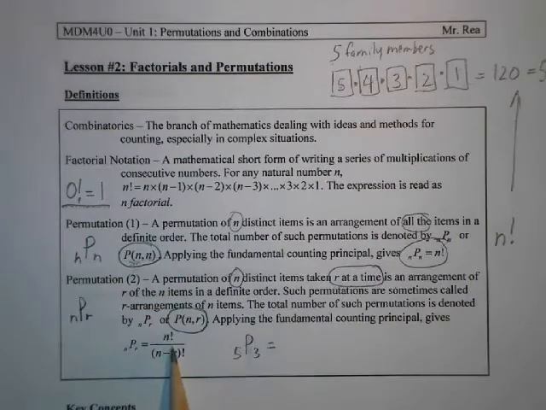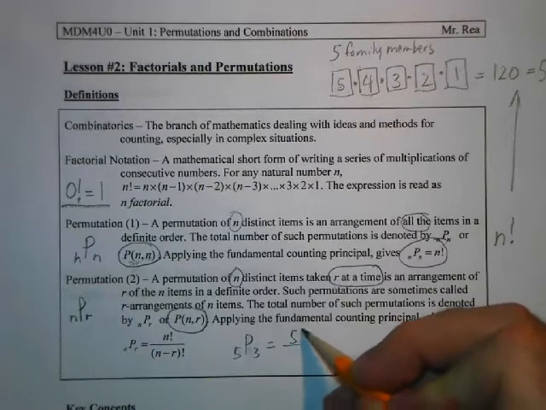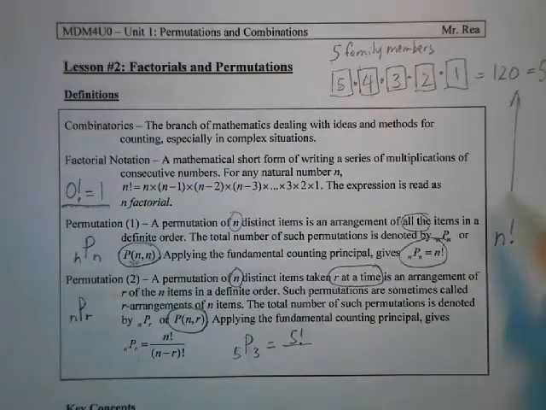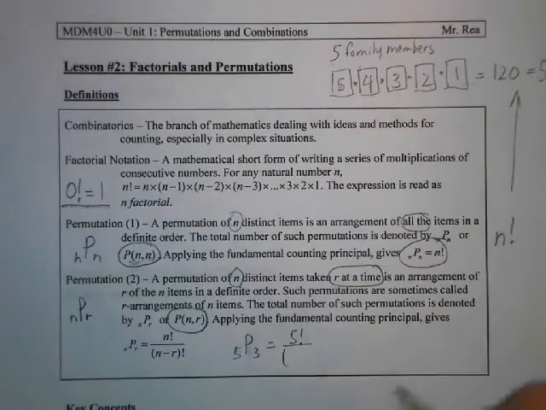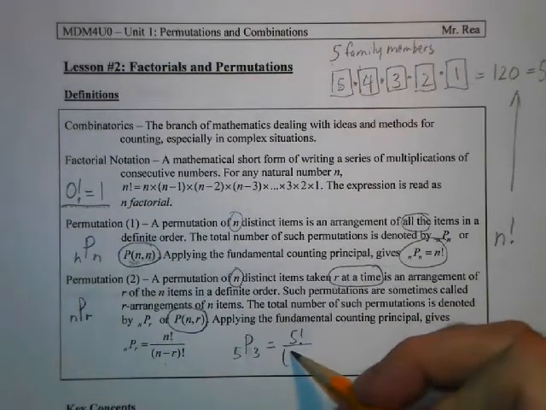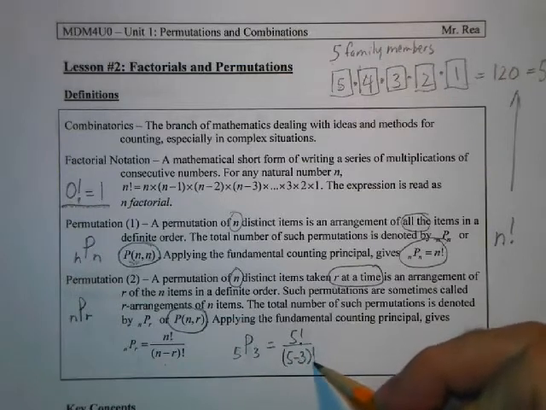Going by the formula, n factorial, well n was 5, so it's 5 factorial on top, which is what it was when we were just looking at photos of all 5. But this time we're going to divide it by n minus r, so that's 5 minus 3 factorial.